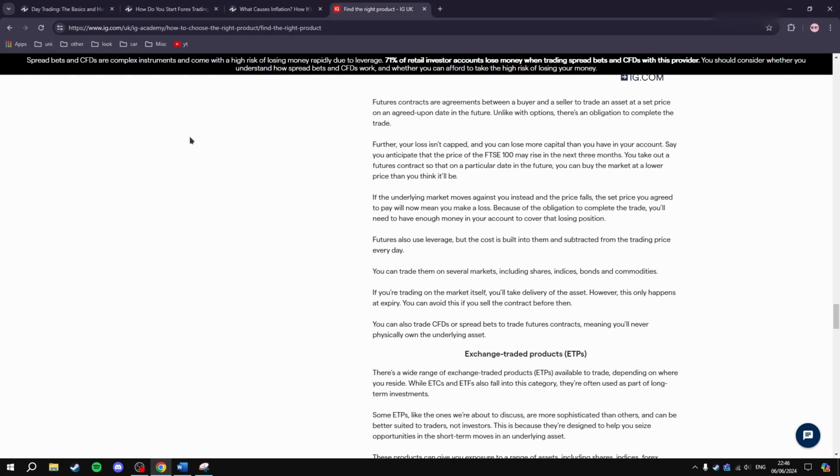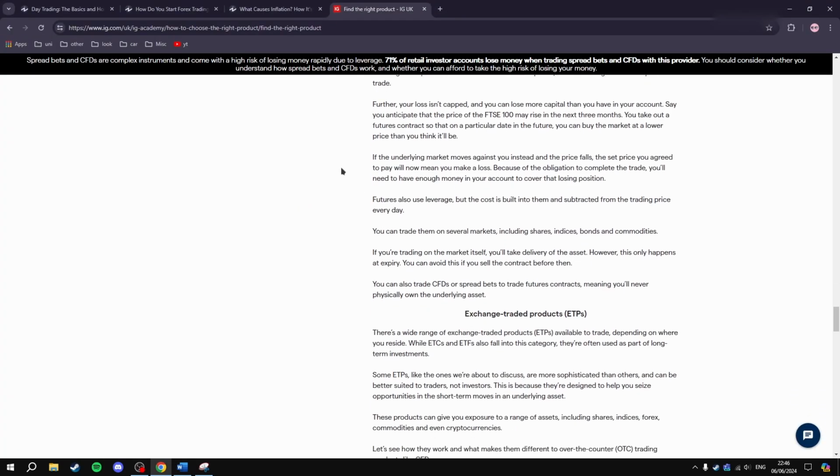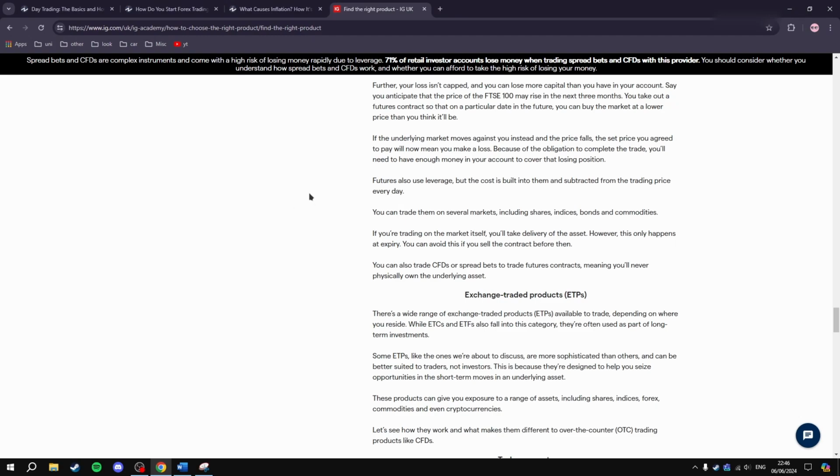Unlike with options, there is an obligation to complete the trade. So you have to complete it, even if you make a loss. Further, your loss isn't capped, and you can lose more capital than you have in your account.